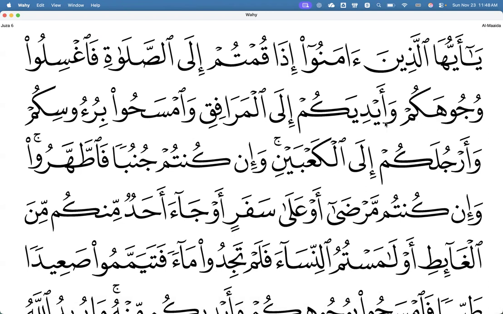Wa aydiyakum. Aydiyu, no. It's also mansub. So you also know this is an object. This is the object of which action? Washing. Then wash your faces and your arms إلى المرافق.